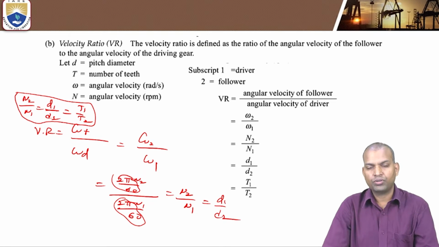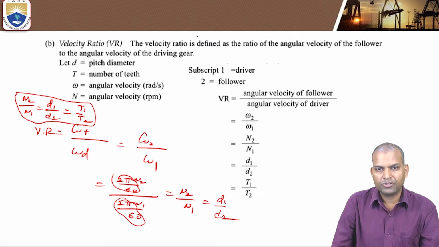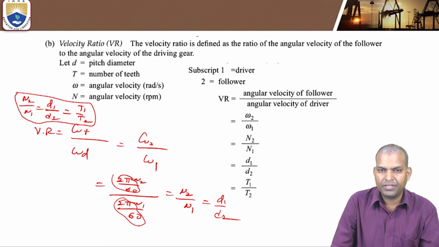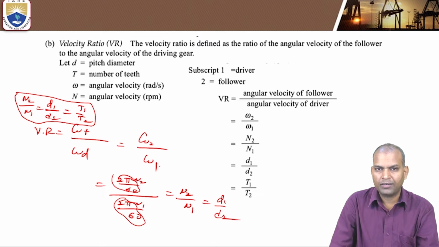So what is the velocity ratio? The velocity ratio is defined as the angular velocity or speed of the follower or driven pulley to the speed or angular velocity of the driver pulley or driver gear, that is n2 by n1, or omega 2 by omega 1.